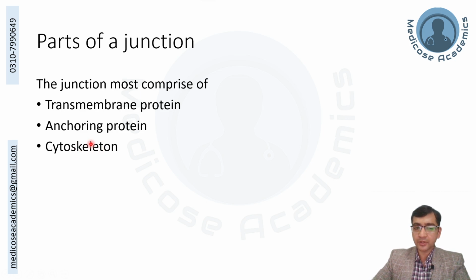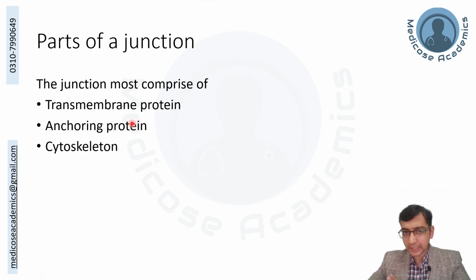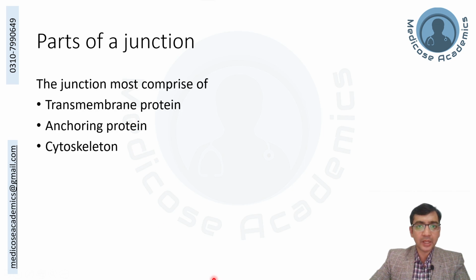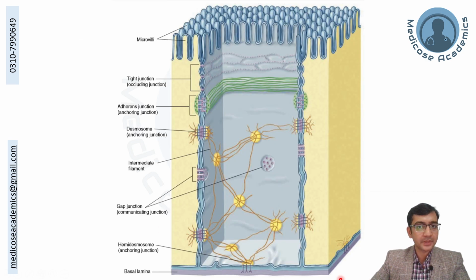These transmembrane proteins will not communicate directly with the cytoskeleton, but will communicate with the cytoskeletal component through some anchoring protein. So for any junction that we will see from now on, go through these headings. It will be very helpful for you to memorize some things.